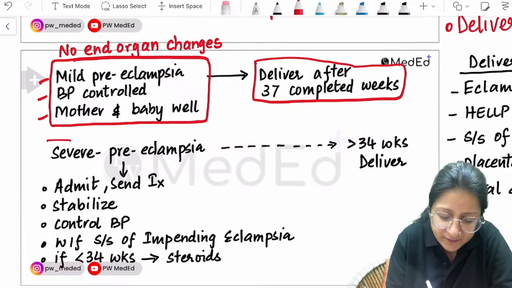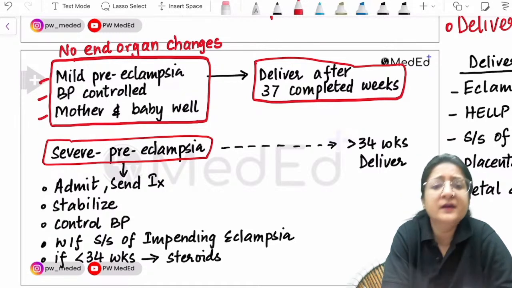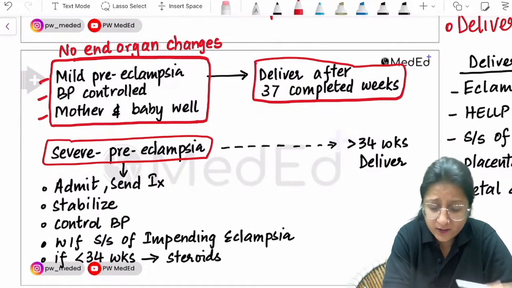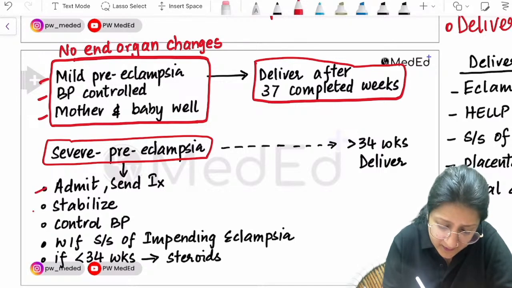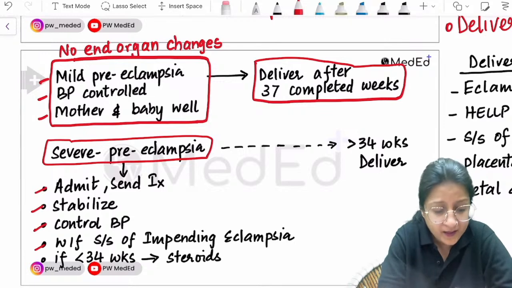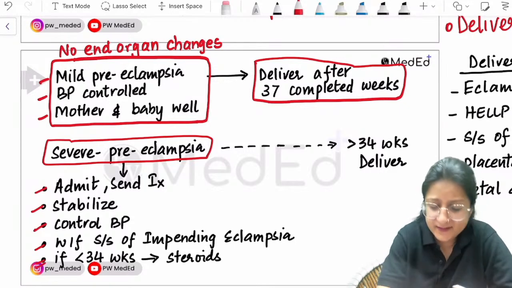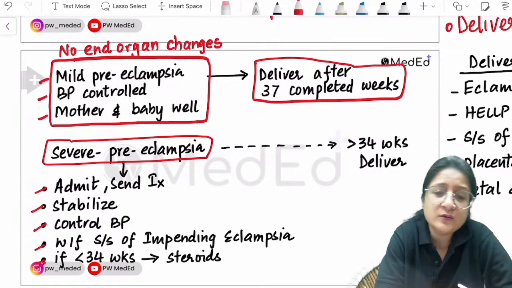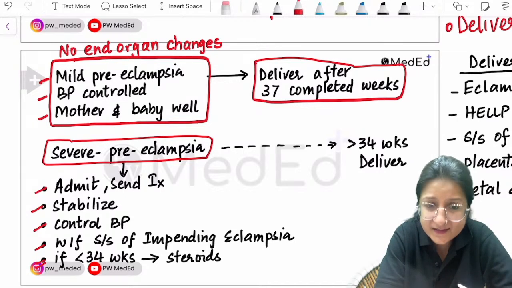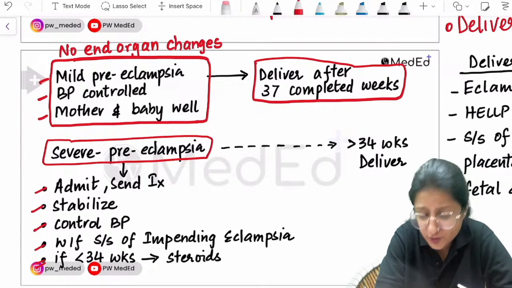The moment we have severe preeclampsia, very high BP, or there is any end organ change: admit, send investigations, stabilize the patient, control the BP, watch for signs and symptoms of impending eclampsia, and if it is less than 34 weeks, then we also start steroids for pulmonary maturity.